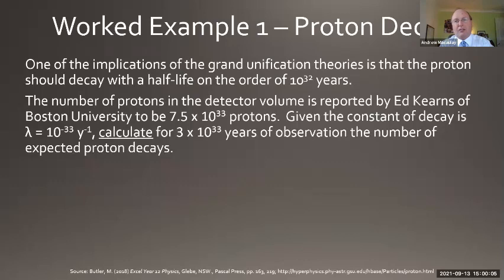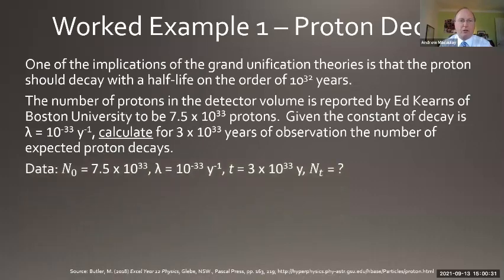Given that the constant of decay, and remember this lambda is not a wavelength, the constant of decay equals 10 to the negative 33, and the units are per year. The question is, calculate for 3 times 10 to the 33 years of observation the number of expected proton decays.